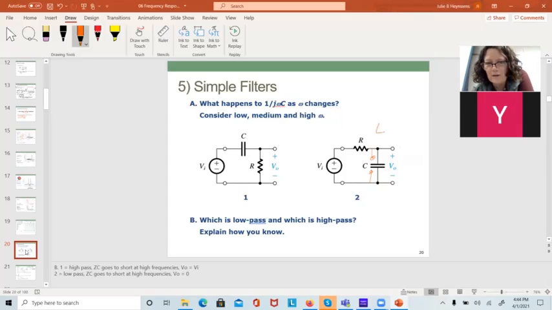So this one is a low pass filter. And if I look at this one and my cap wasn't open, then if I put a low frequency in at VN, I would have no connection to the output. So this is a high pass filter.